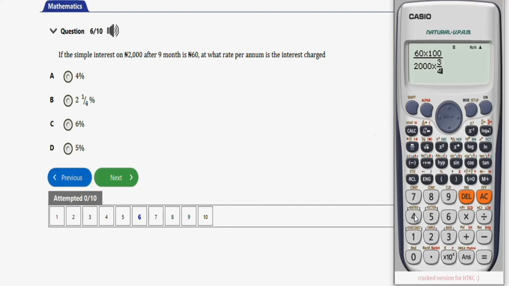It's more than half of a year, but 9 months mathematically is equivalent to 3 over 4 of a year. So let's put it all together. We have it to be 4%. So that is option A. It is as simple as this, guys.